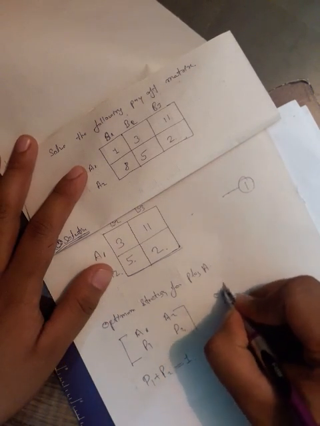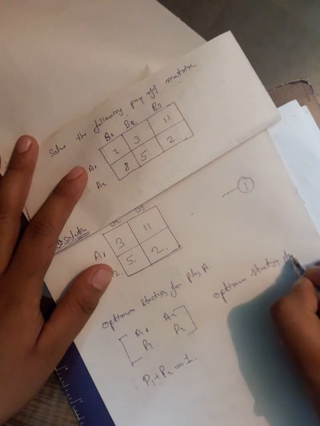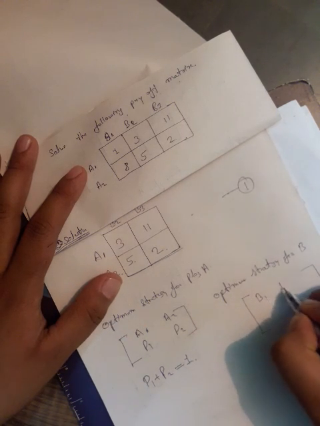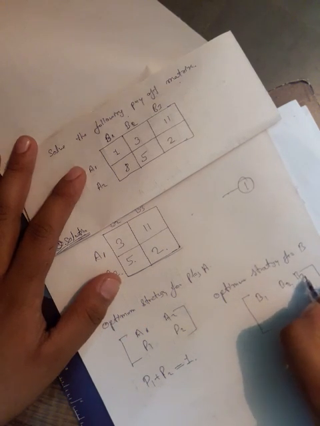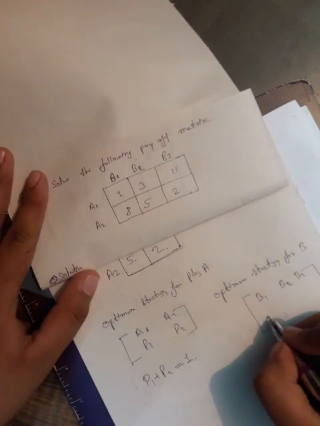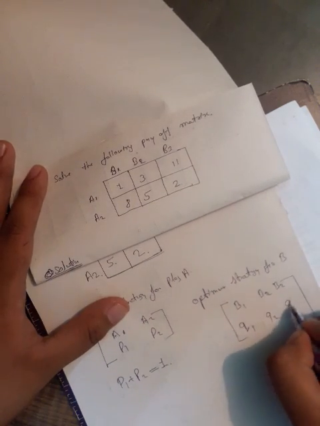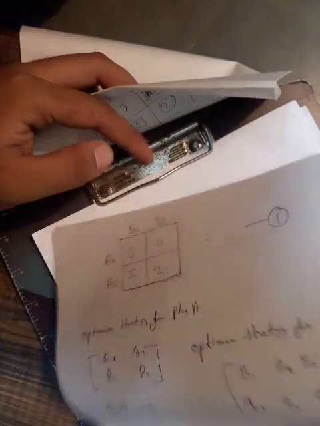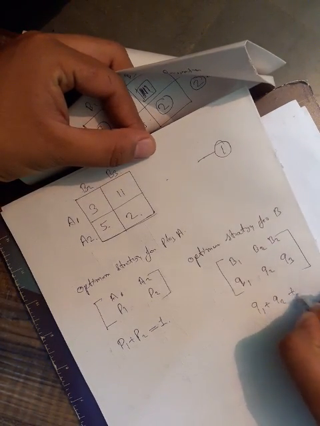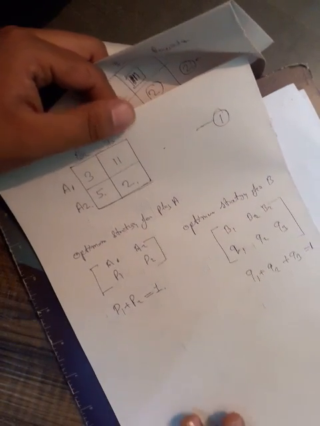Next, the optimum strategy for B. Here you have B1, B2 and B3. You have to write these from the question, denoted by Q1, Q2 and Q3. Here also the same thing: Q1 plus Q2 plus Q3 equals 1.